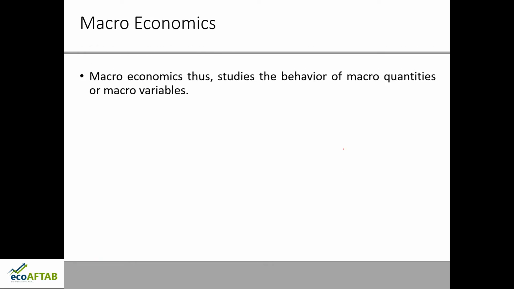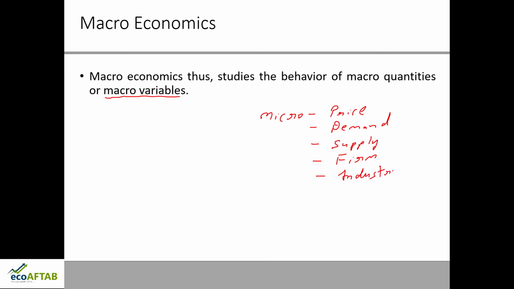So macroeconomics studies the behavior of macro quantities and macro variables. Now, what are these macro quantities or macro variables? When I spoke about micro variables, we were speaking about the price of the product, the demand of the consumer, the supply of a particular product, a particular firm, or a particular industry, the sugar industry, jute industry, steel industry.